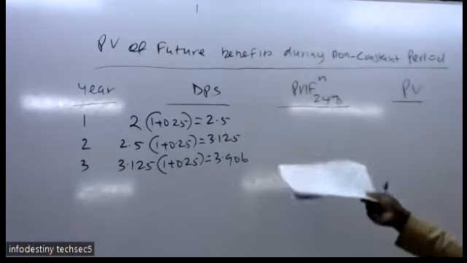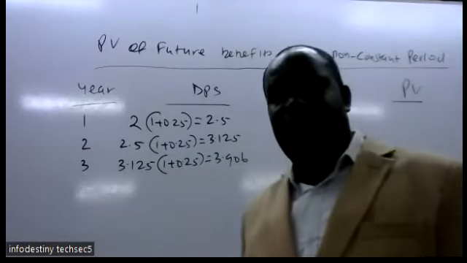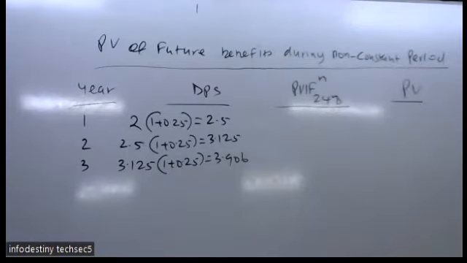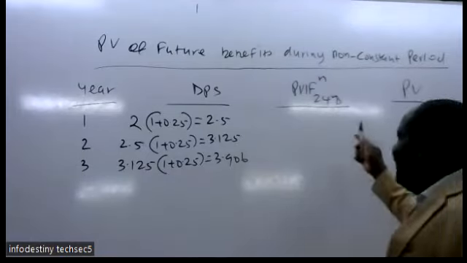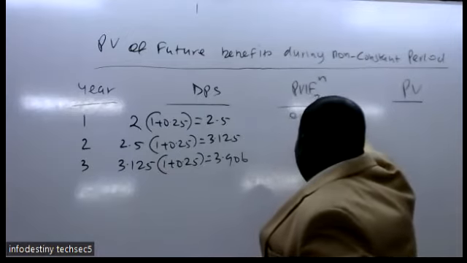What is 24% in year 1? We check in the first table. Year 1 is 0.806.